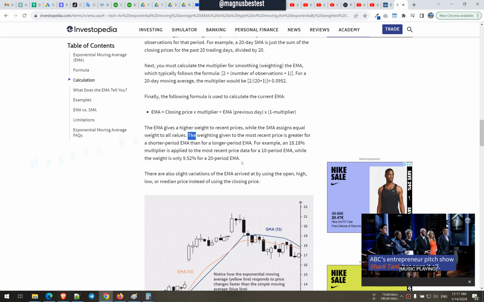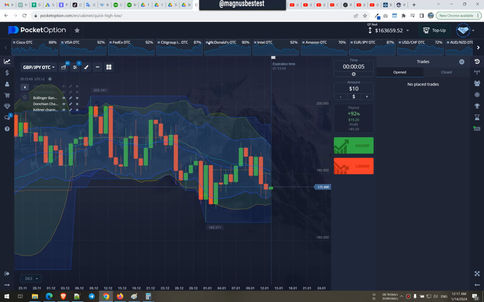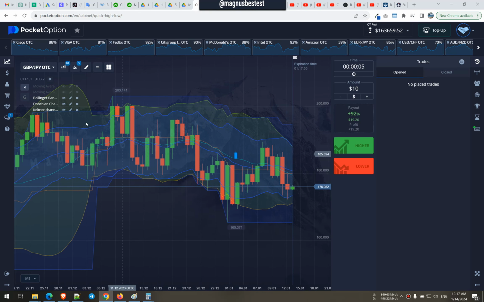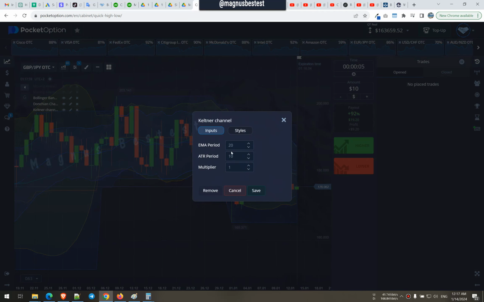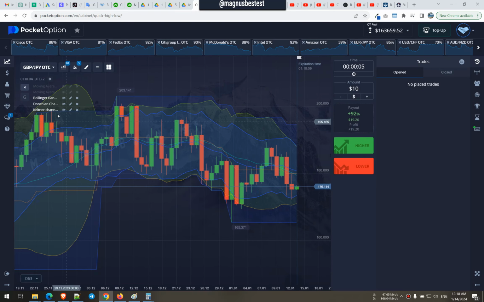Okay, so I'll just go back to Pocket Option. Here we have the Keltner channel, and here we have the EMA. It's 20. As you can see, this is the simple moving average 20, and this is the EMA 20.